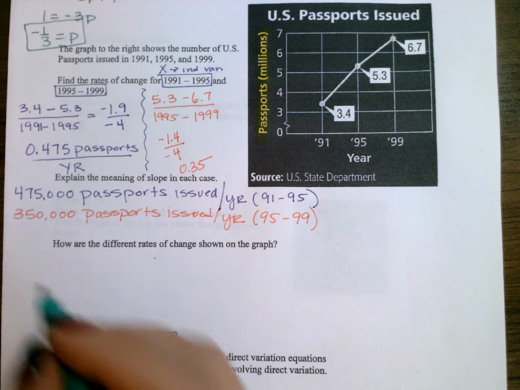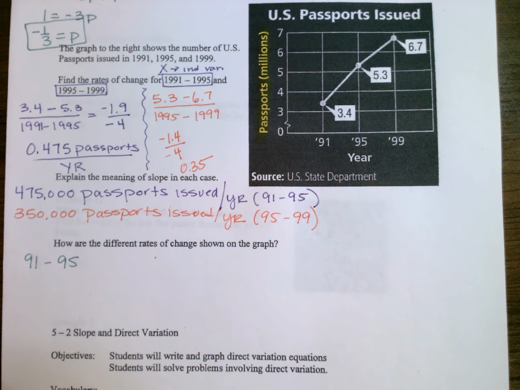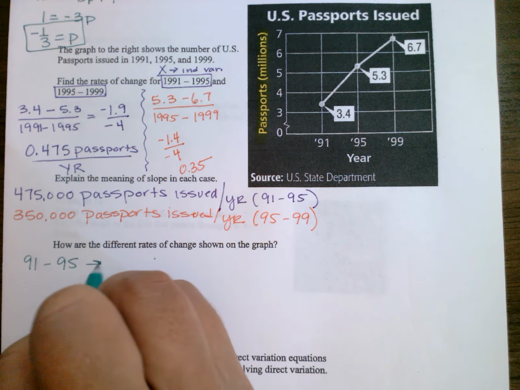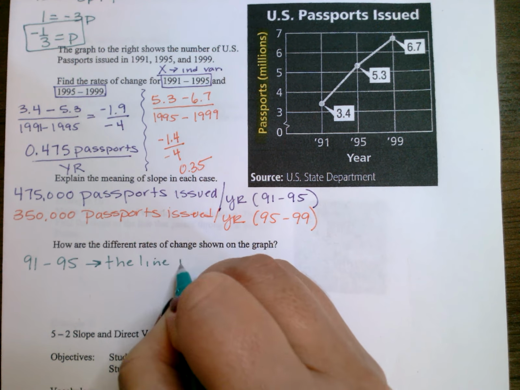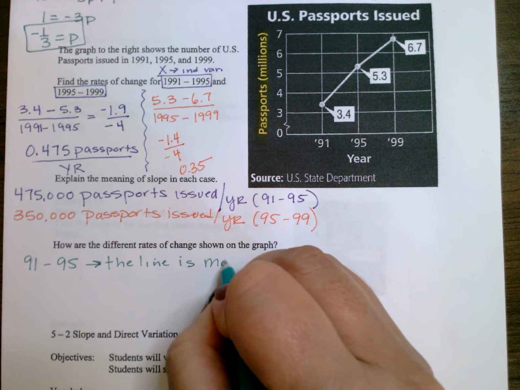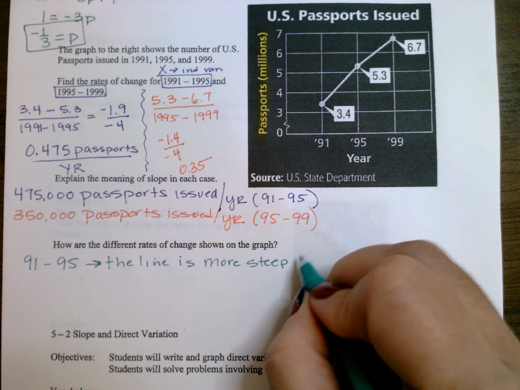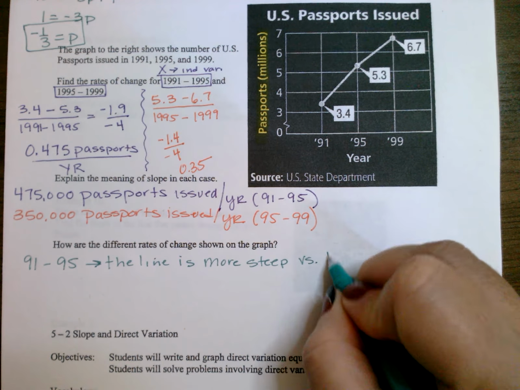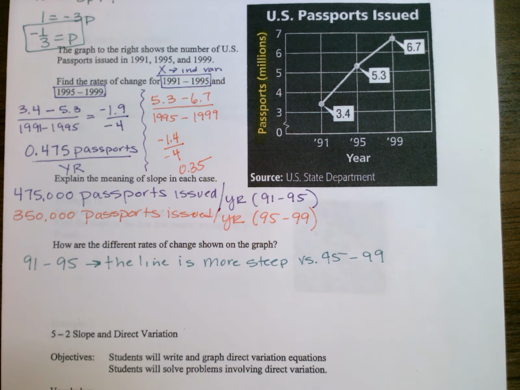I realize if we were in school, we'd have a discussion, but something I noticed: 91 to 95, the line is more steep versus 95 to 99.